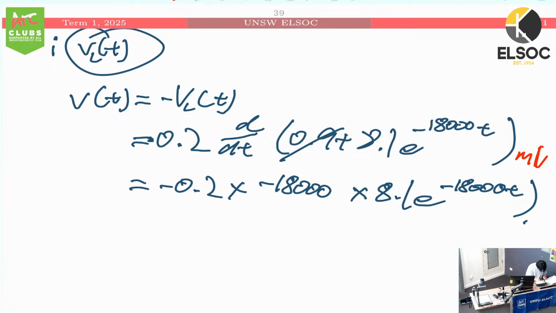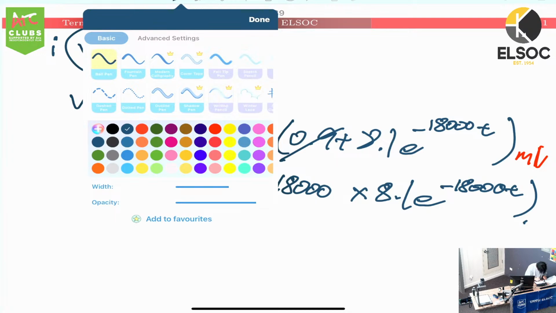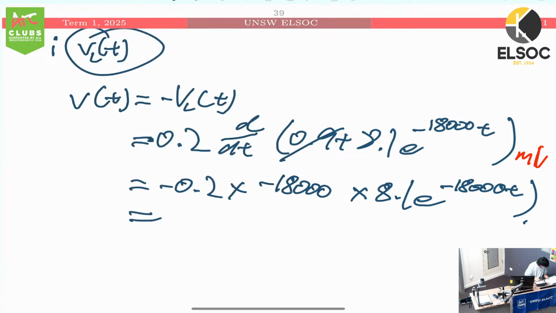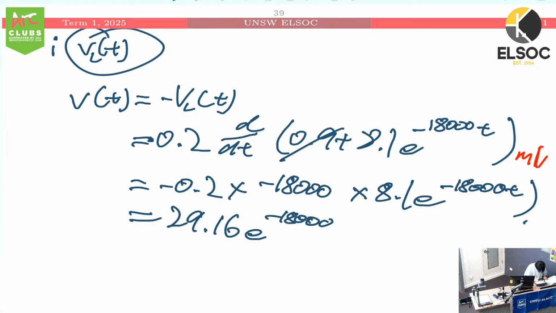So after we've done everything, that will give us 29.16 e to the power of negative 18,000 t volts. All good here?